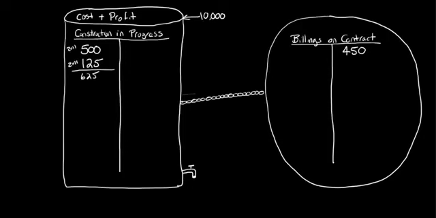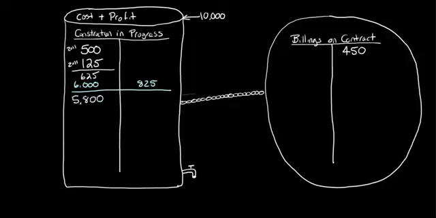So our first journal entry, our construction in progress, we put another $6,000 in this account. But then we had an $825 adjustment to this account. Okay? So the $625 plus the $6,000 minus the $825 gives us a balance of $5,800 in the construction in progress account.